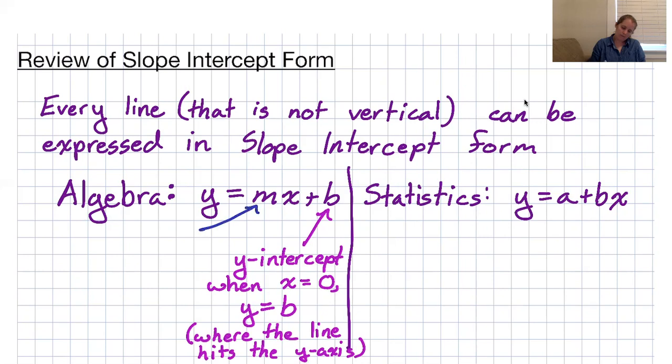The m is our slope, and it tells us our rate of change.